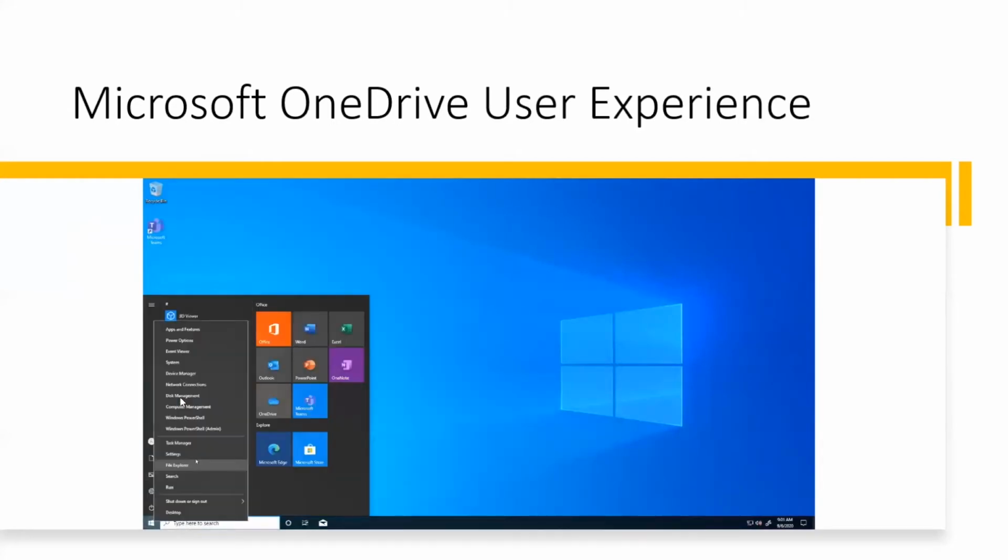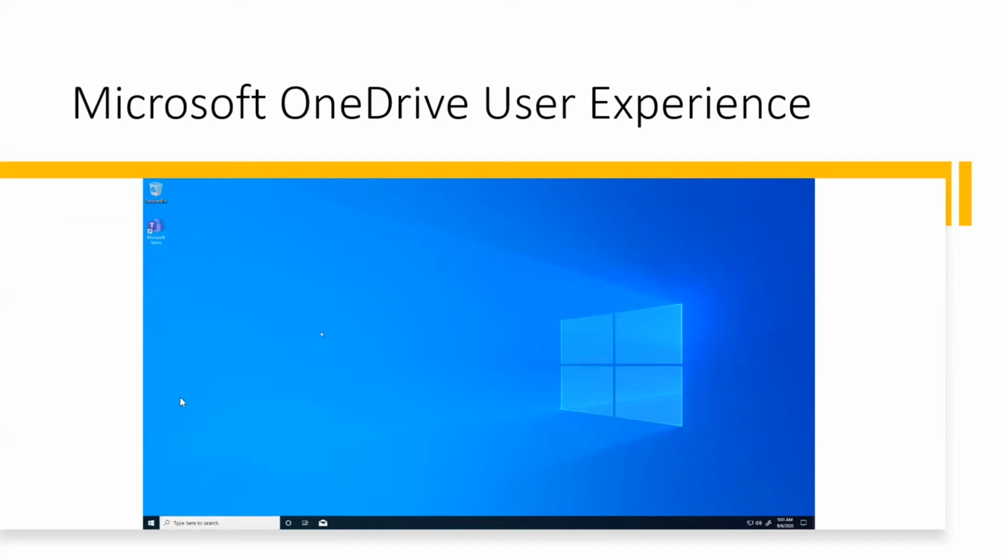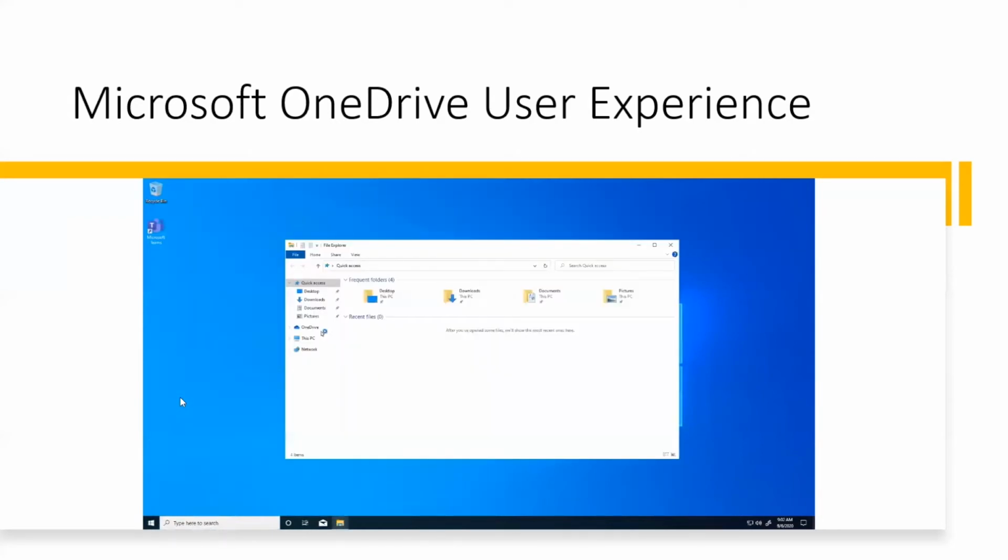This is a user just signed into their WVD session. The first thing you will see is the silent configuration of their personal OneDrive. You will see a pop-up showing that setup has been configured.